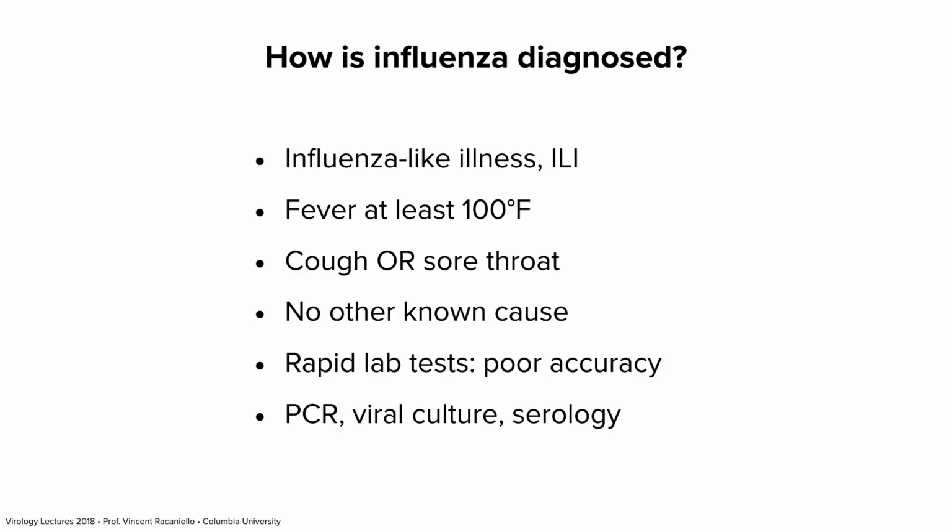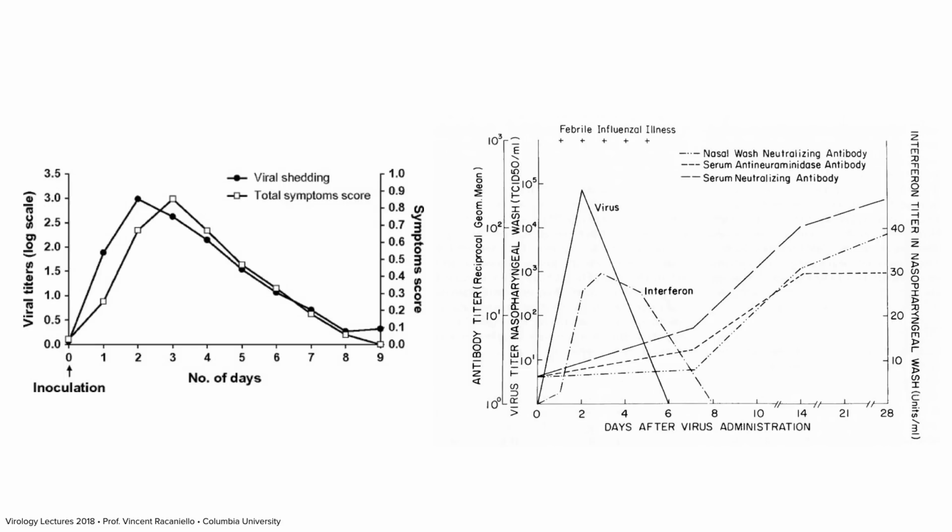PCR, viral culture, and serology are very accurate, but they take too much time, and you will not be able to take an antiviral. Remember, you have to take an antiviral within a day or two of the onset of symptoms. Otherwise, it's not worth taking. It's a waste of money. Diagnosis is easy in season because if they suspect you have flu, they won't even bother with a test and just give you antiviral.